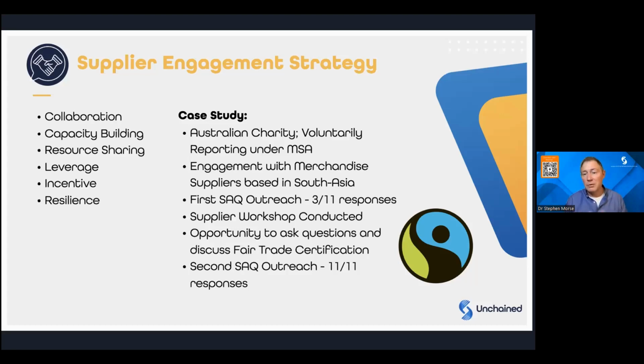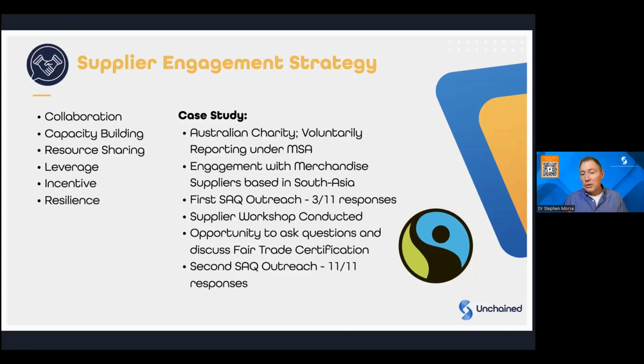Their first SAQ to 11 suppliers resulted in 3 responses. When we started working with them, we said, let's start with a supplier workshop. Let's bring those suppliers together virtually. We did that virtually, and that gave the charity an opportunity to articulate the rationale: why are we doing this, what we're trying to do as a reporting entity, because we're voluntarily opting in.